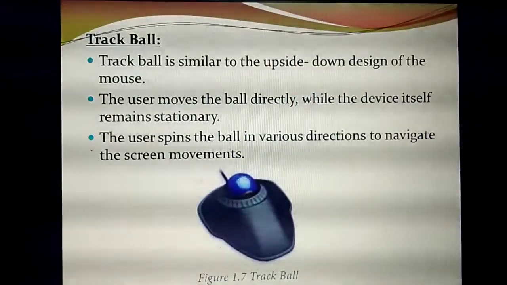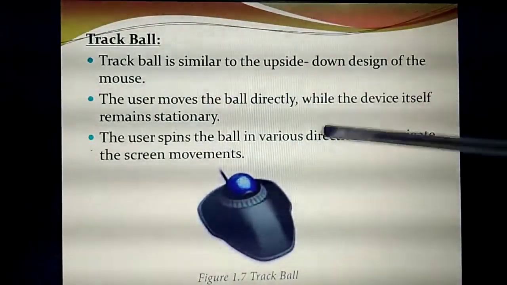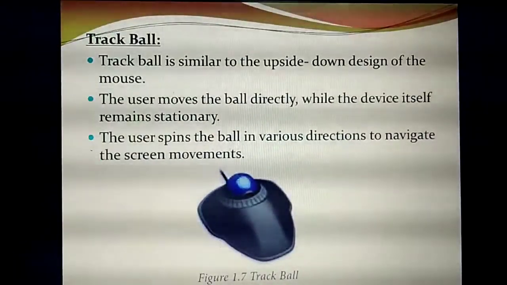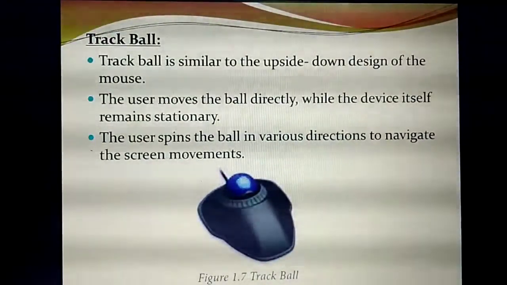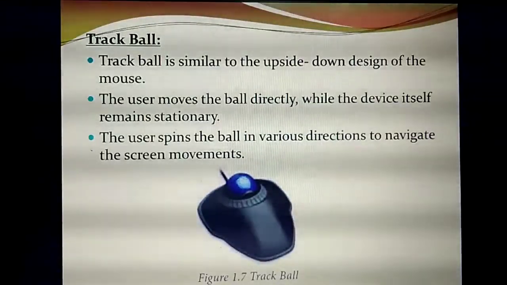We keep the device stationary, that means the device we keep in a particular place won't move, but we scroll the ball alone. Understand? The device itself is stationary, in front of the computer. Only we are scrolling the ball, upside and downside.